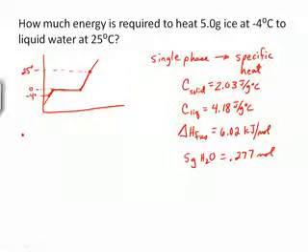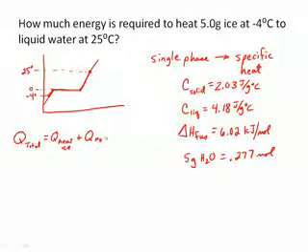We used Q. So Q total is equal to Q to heat our ice plus the Q to melt plus the energy to heat the water. Okay, and so we have MC delta T or MS delta T for specific heat.